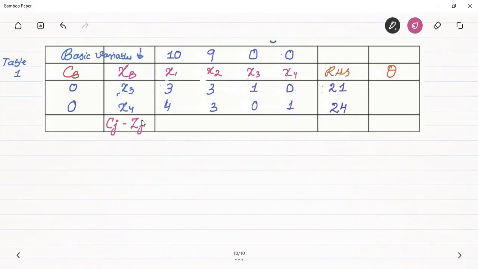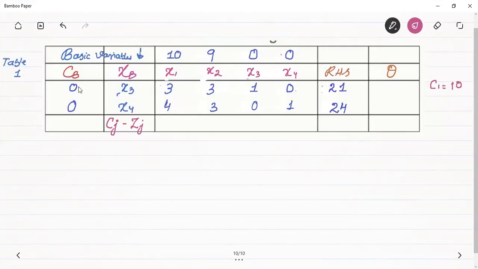For the time being, see here, Cj minus Zj will simply be based on the cost coefficient. If we talk about C1, C1 here is actually 10. The cost coefficient of the first variable is this 10.